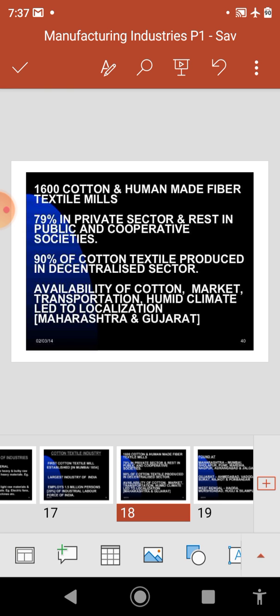Export. The major share of India's exports comes from the cotton textile industry. India exports yarn to Japan, United States of America, UK, Russia, France, East European countries, Nepal, Singapore, Sri Lanka, and African countries.